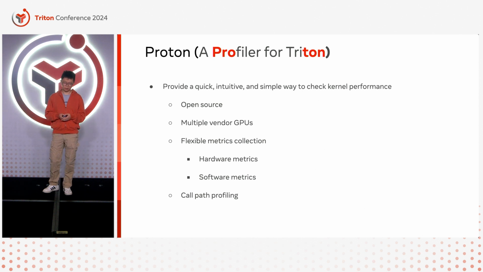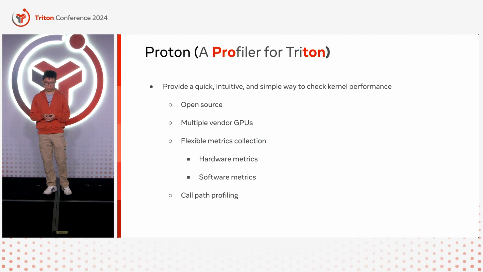It's included in the third-party directory in Triton's main repo. It currently already supports multiple vendor GPUs, including AMD and NVIDIA GPUs. It can offer flexible metrics collection, including hardware metrics and also software metrics. The main functionality it offers currently is call path profiling.